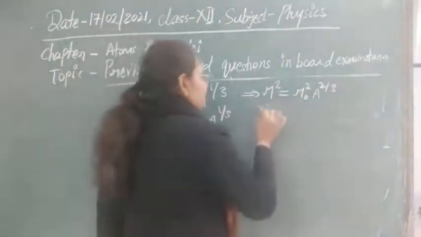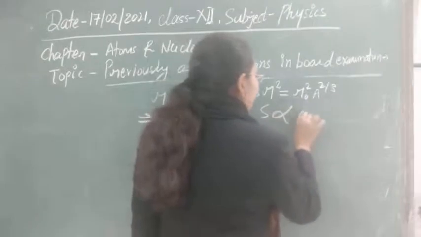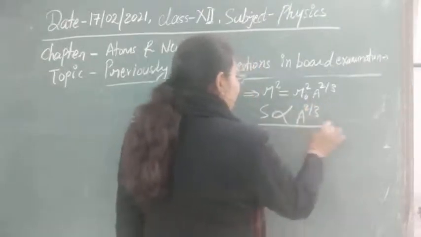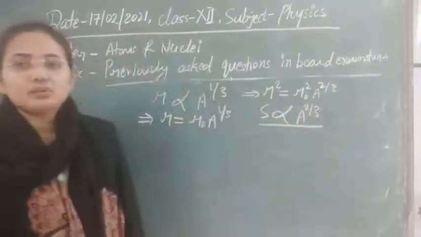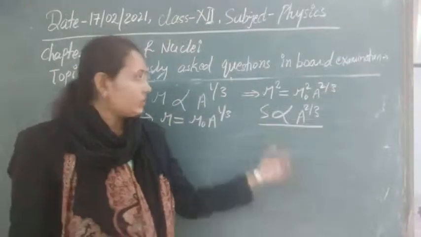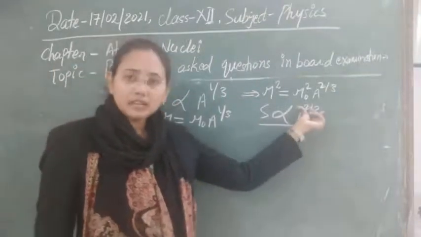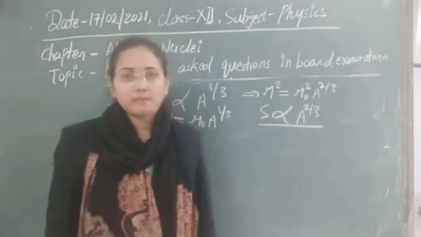So the surface area is directly proportional to A^(2/3). If a numerical problem asks you to compare surface areas, it will be proportional to A^(2/3). Keep that factor in mind.